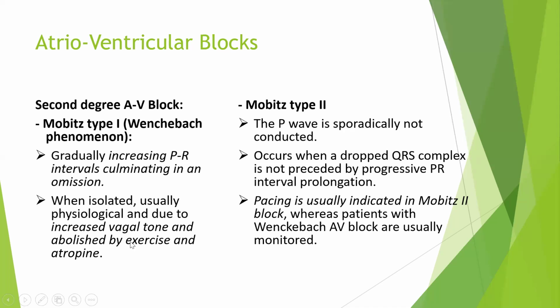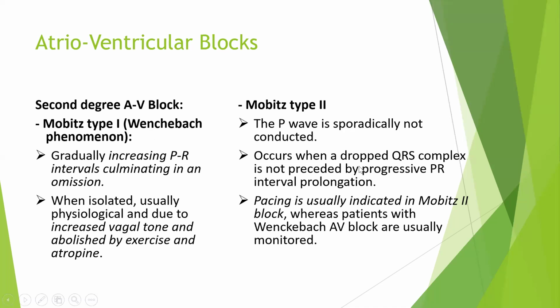When it's not associated with any other problems, it's usually physiological, and like we said, maybe due to increased vagal tone, and this Mobitz type 1 can actually be abolished by exercise, all right? As the heart rate increases, or by atropine in most cases, your anticholinergics.